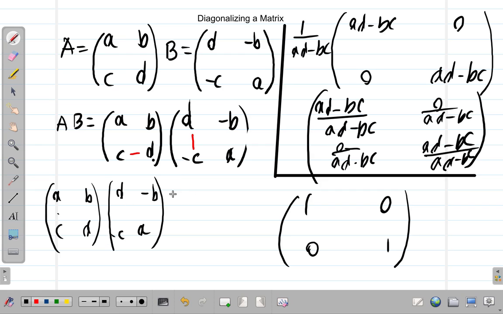And then when we multiply by 1 divided by AD minus BC, we get the unit matrix. So this must be the inverse of this matrix, because when you multiply, you get the unit matrix. Just like when you multiply a number by 1 over that number, you get 1. So this matrix is the inverse of this.